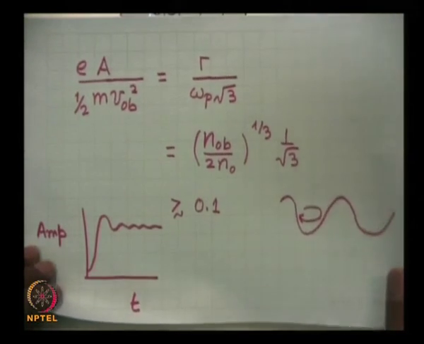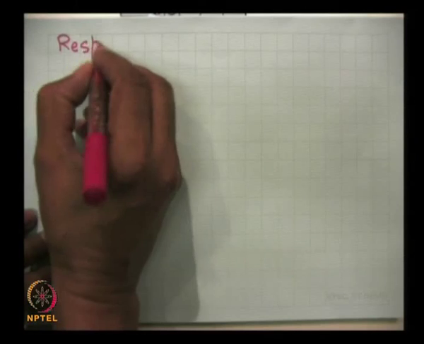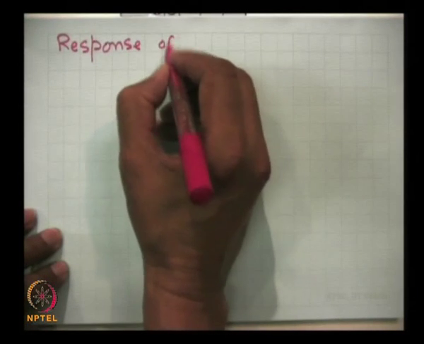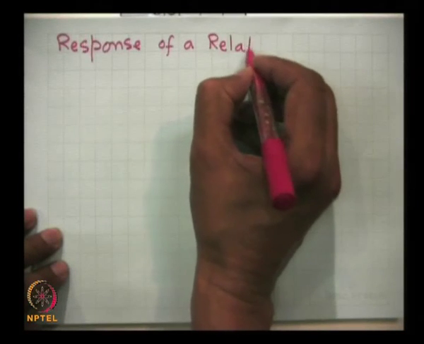Now, I would like to see what will happen if the beam velocity was relativistic, if the initial beam velocity v0b was of the order of c. So, I am studying the response of a relativistic electron beam to a plasma wave.